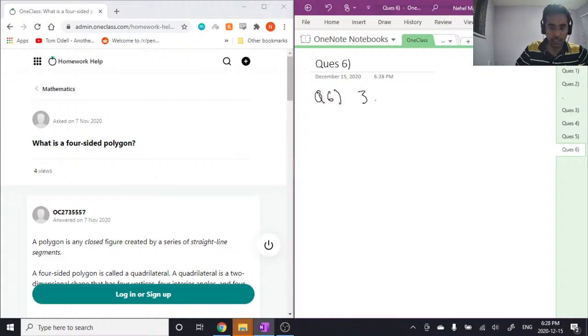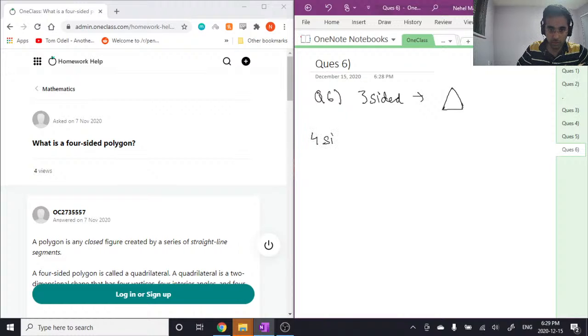So 3-sided would be the least number of sides we would need in order to complete a closed shape. The simplest version of a 4-sided polygon is called a quadrilateral. As you would assume, the word quad means 4.